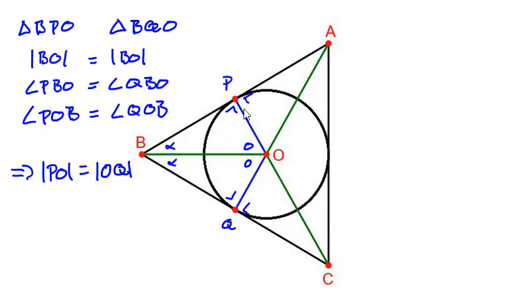Okay, so we have just shown that the length of this side is equal to the length of this side. By the exact same argument, if we drew a line perpendicular here, we could show that this side here is also the same length, and we have the length of PO is equal to the length of OQ.